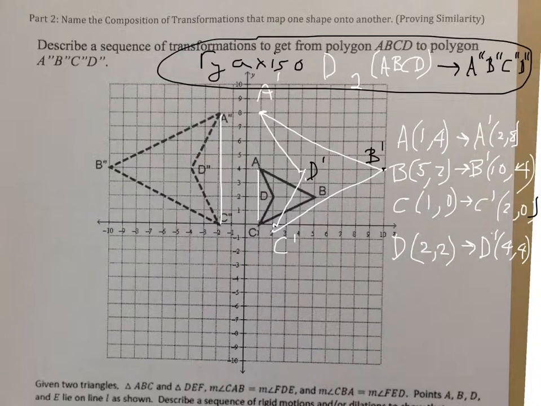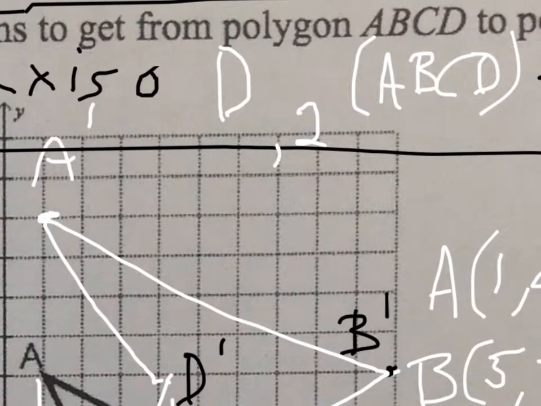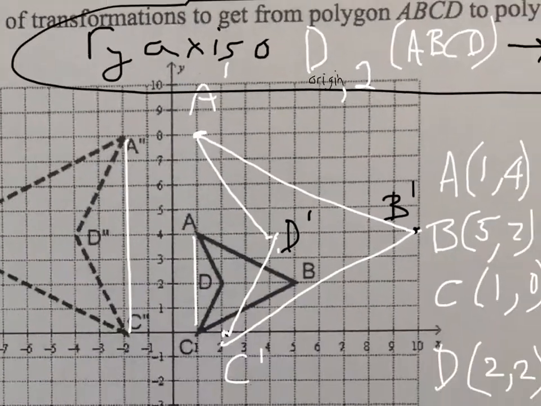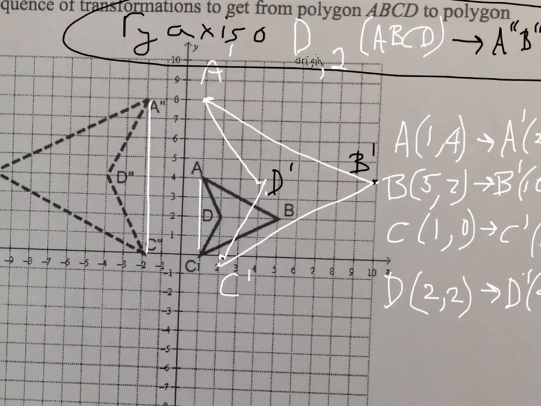If I wanted to be even more professional about it, I could add on the center of the dilation here. Since I multiplied the coordinates by 2, I'm actually using a center of dilation at 0, 0, or the origin. So I could write that down next to this D. How do I know that the center of the dilation is the origin?